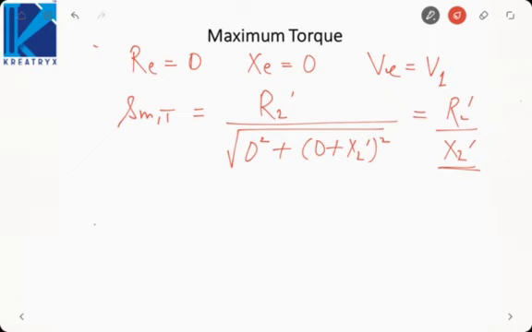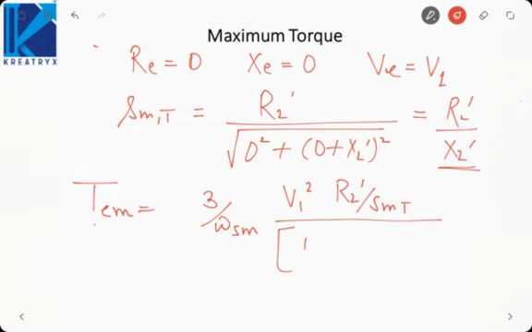that is R2 dash by X2 dash. So you have to remember this expression R2 dash by X2 dash. Then the maximum torque will be 3 by omega Sm, V1 square, into R2 dash by SMT, over (R2 dash by SMT) whole square plus X2 dash square.